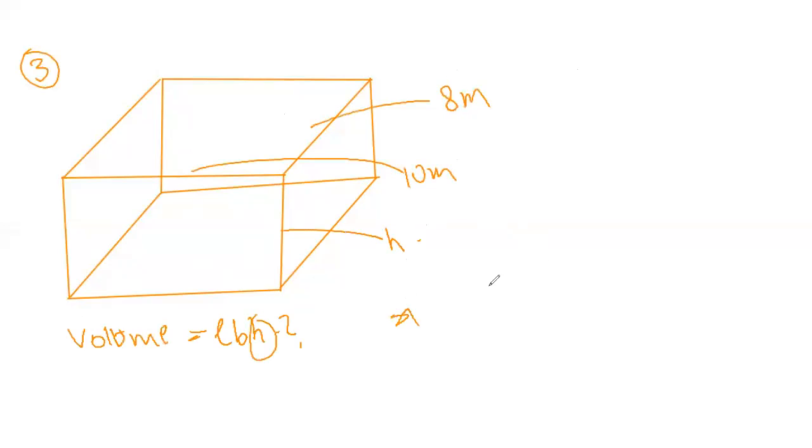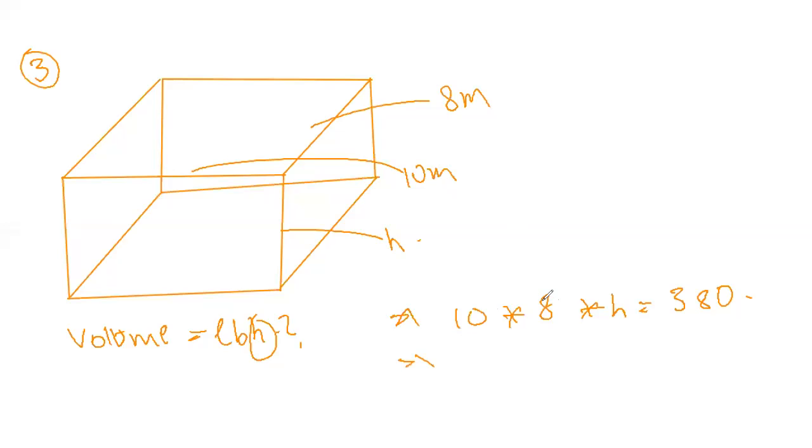So we'll substitute our values. L is 10 into B, which is 8, into H, which is not given to us, and finally it has given us the volume, that is 380 cubic meters, simply 380 meter cube. So we'll try to solve the calculation further.